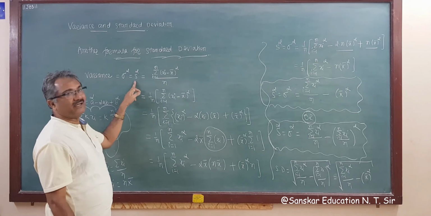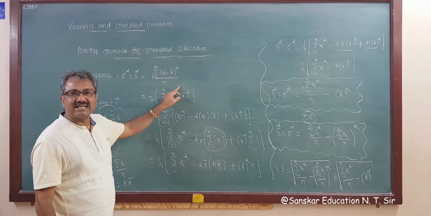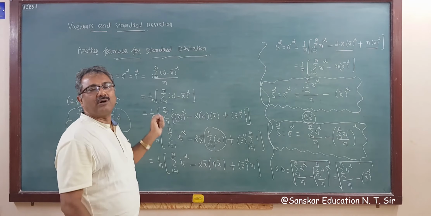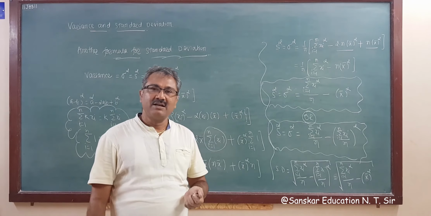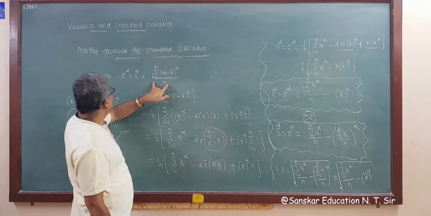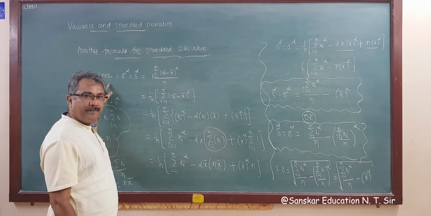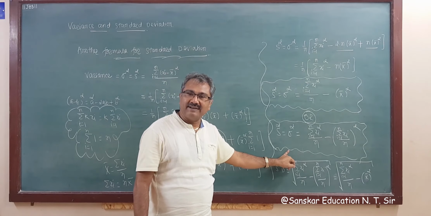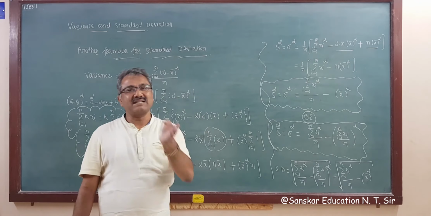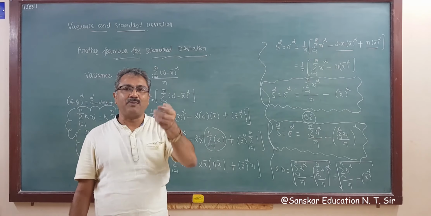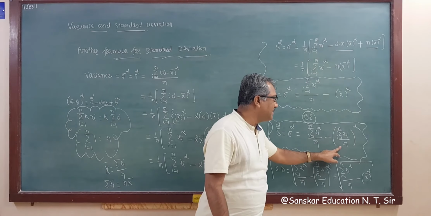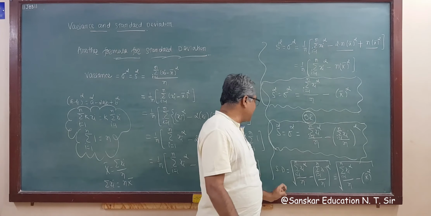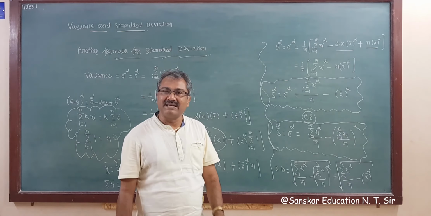So s square is equal to sigma xi minus x bar whole square upon n, and its positive square root is called the standard deviation. Another short formula for variance is sigma xi square upon n minus sigma xi upon n, whole square. Instead of sigma xi upon n you can write x bar, and the square root gives the standard deviation.